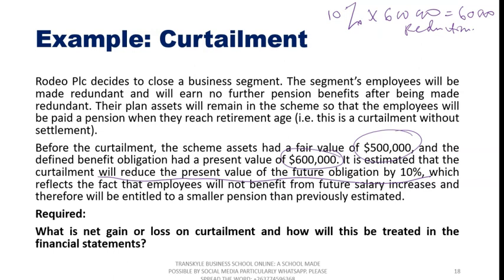So the reduction in the obligation represents a gain on curtailment, which should be included as part of the service cost component and taken to profit or loss for the year. So the net position of the plan following the curtailment can be presented as follows.